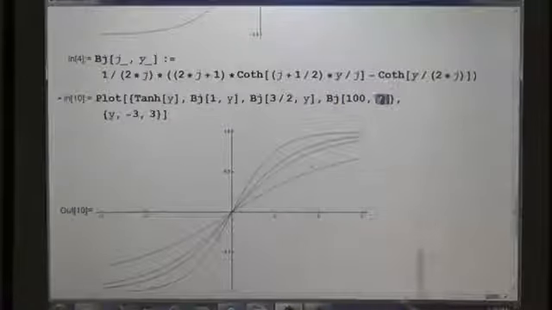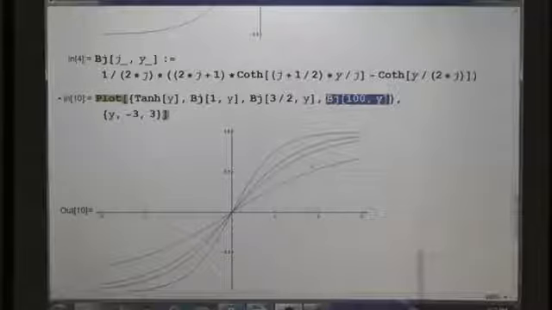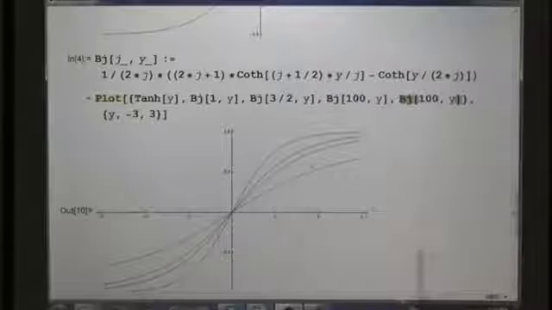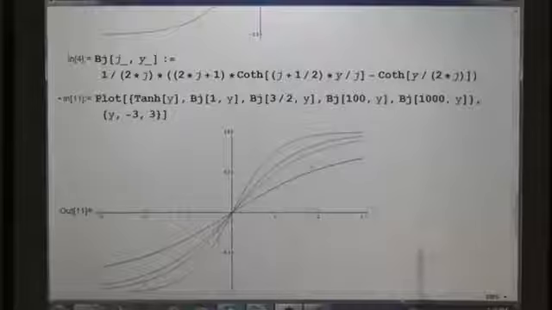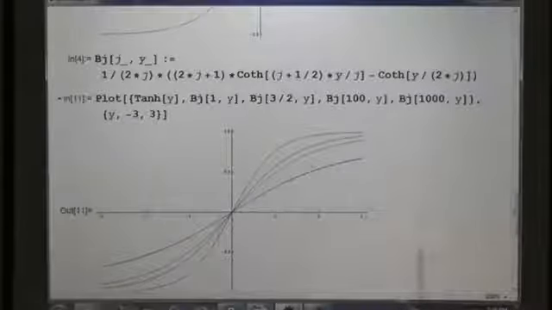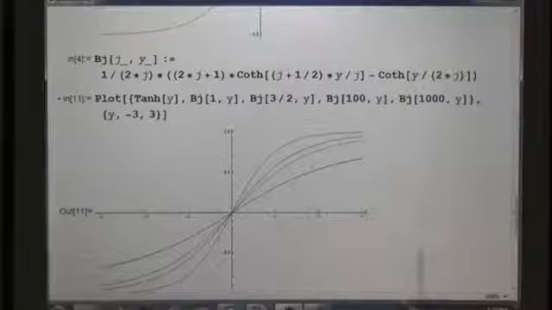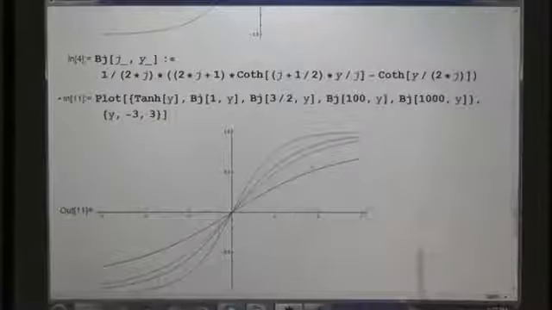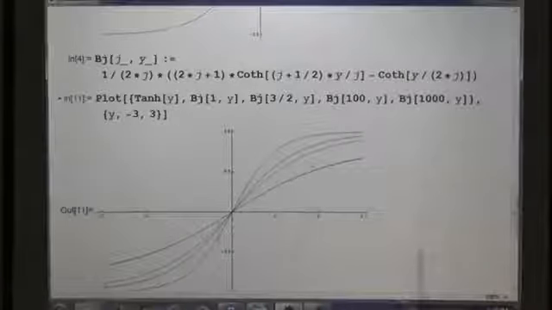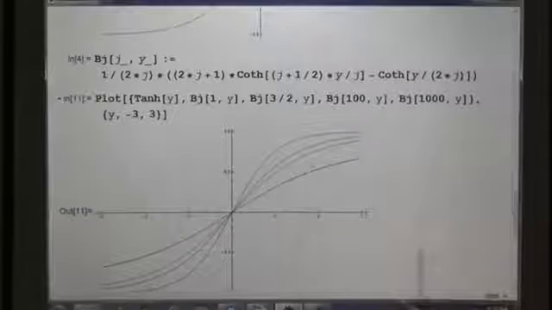If I increase J to an even larger value, so I have a spin 1000 system, then all the lines will start collapsing onto one single line. So the J 100 and the J 1000 systems are collapsing onto the same line. So these lines asymptote to a particular function, and that's the asymptotic value of the Brillouin function when J approaches infinity.